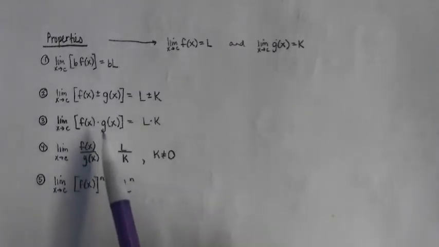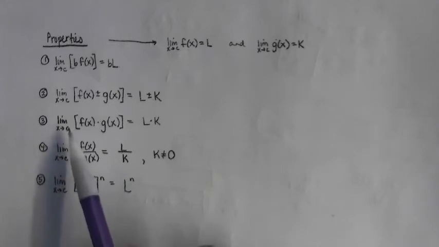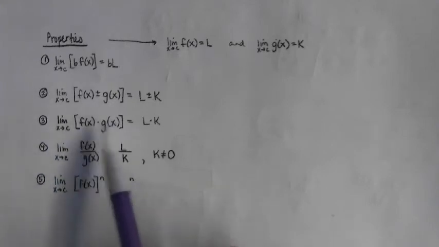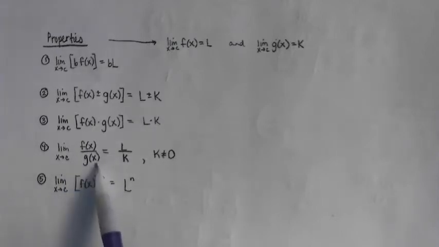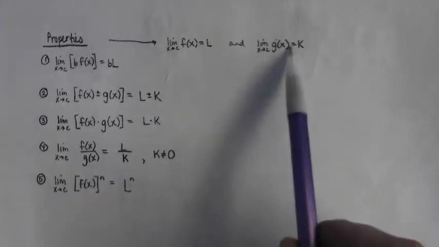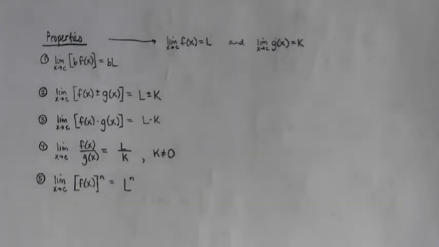With multiplication, the limit obviously can be found separately, and then you just multiply your 2 individual limits together. Division, same thing. The only stipulation with division is that g of x's limit can't equal 0. So that K value cannot equal 0 for the obvious reason of you can't divide by 0.